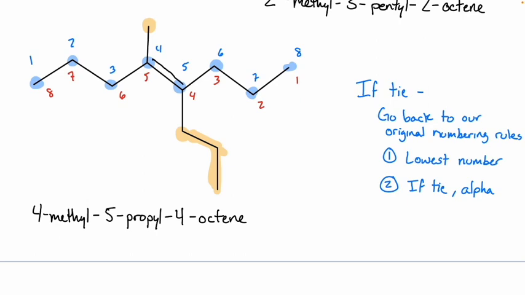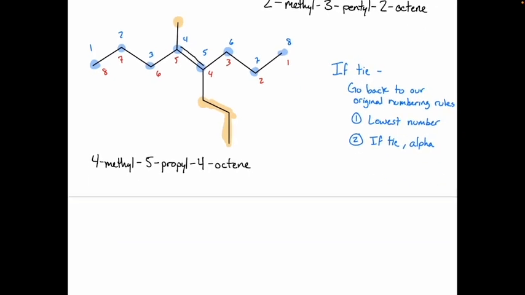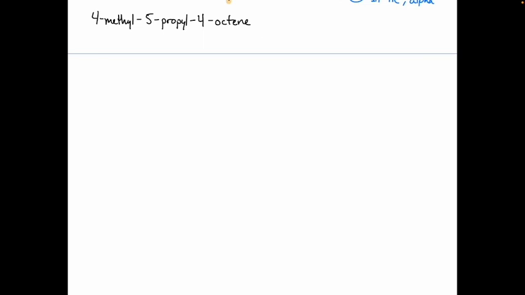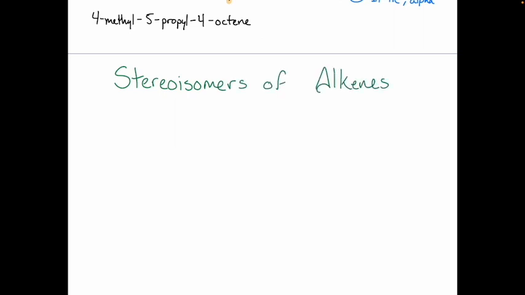So these 2 molecules that we were just looking at, they would have the same connectivity of atoms, but a different spatial arrangement, which would make them stereoisomers. Absolutely. So last thing we got to talk about are stereoisomers of alkenes. Okay, again, a function of those non-rotatable double bonds.